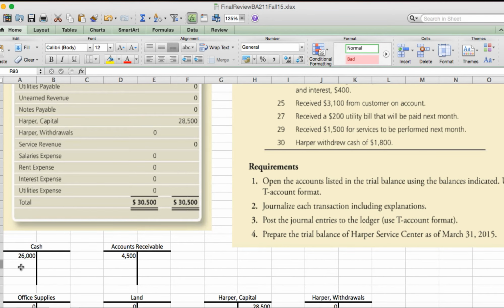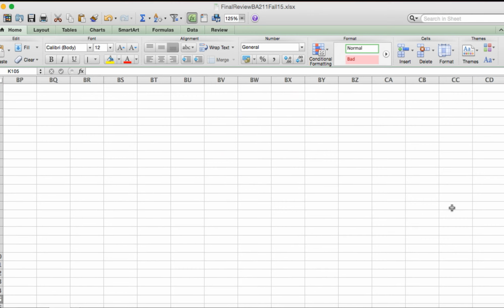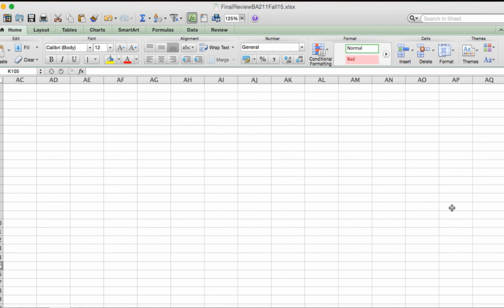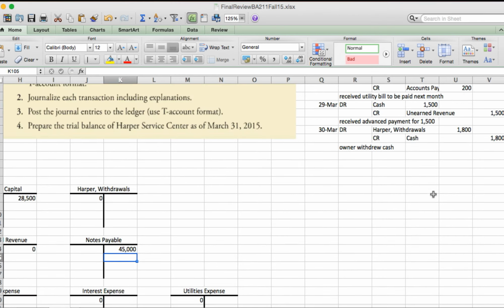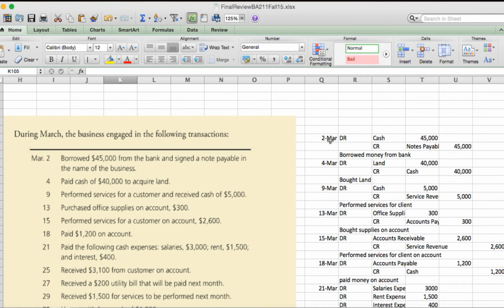Right there. Debit 45,000. Find my notes payable. Credit 45,000. What I'll do here is highlight that just to show that I've already done that one.